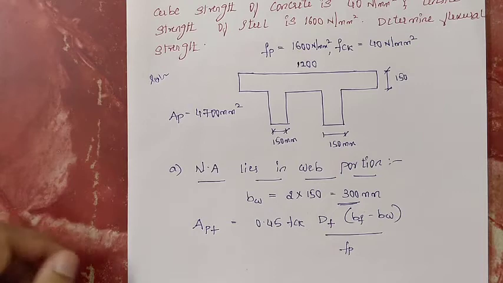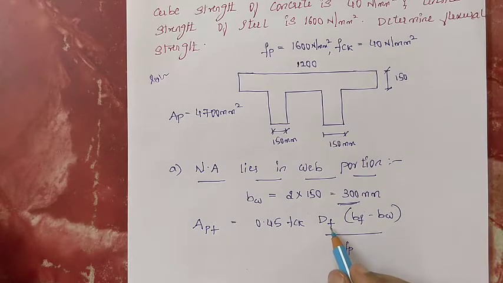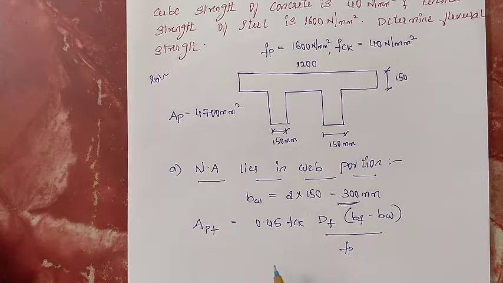For a double T section, you need to calculate area of pre-stressing tendon in the flanged portion as well as web portion separately. Depth of flange you know, width of flange and the width of web as well as FP value you will know.